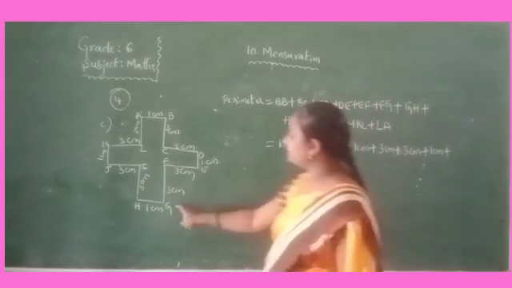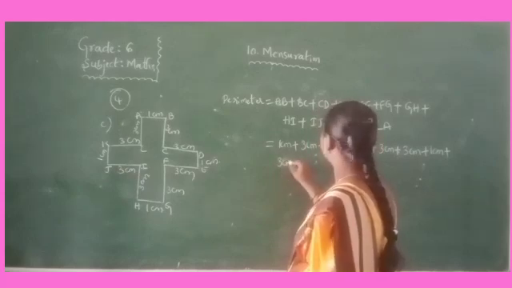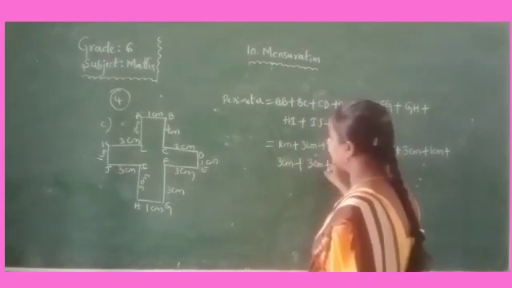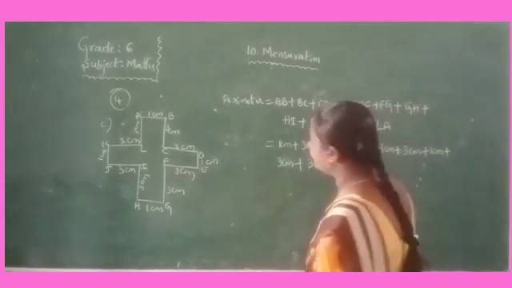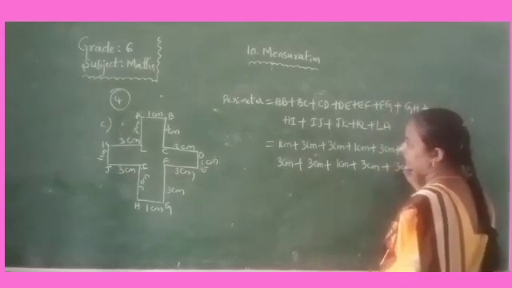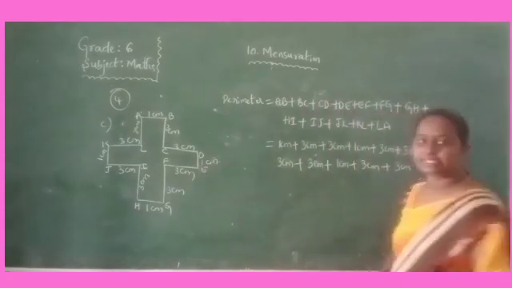Next HI is 3 centimeters. IJ 3 centimeters. JK 1 centimeter. KL 3 centimeters. LA 3 centimeters. So we have written the lengths of the figure.